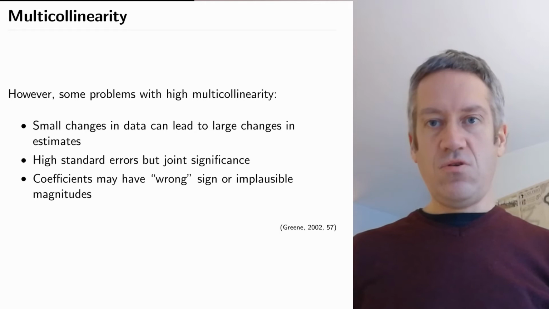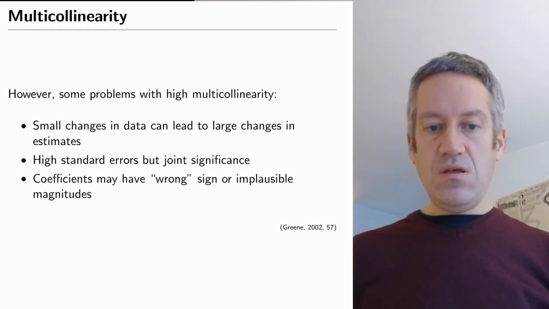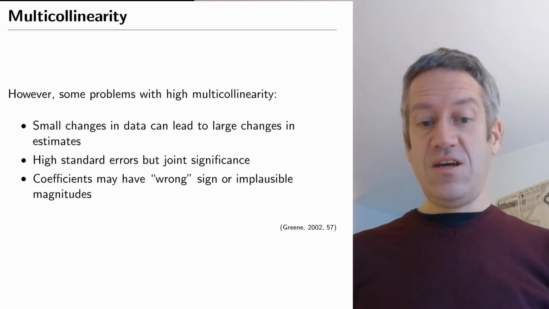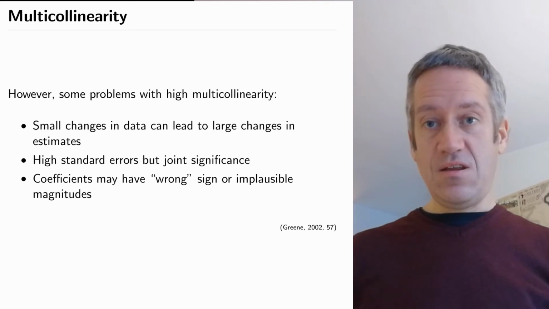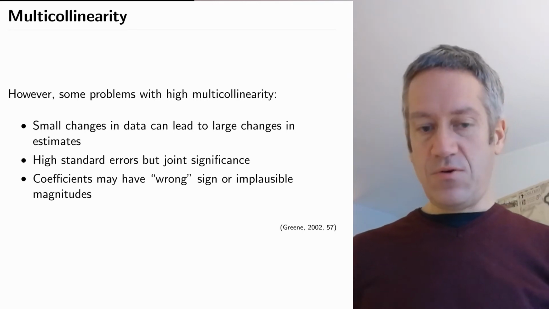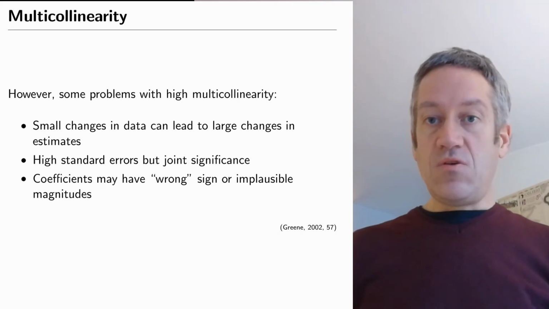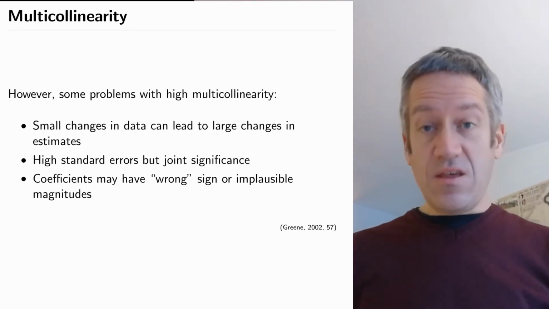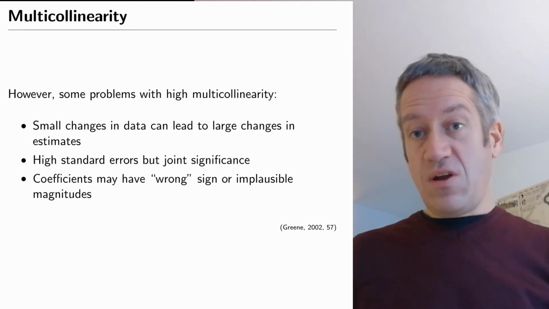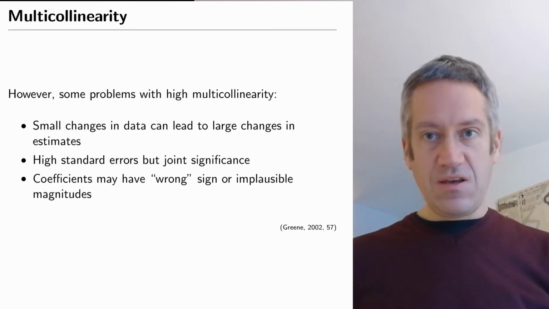If I need a control variable, if there is a confounding effect, which we'll discuss later, then that is an important reason to include the variable and you can't just remove it. But high multicollinearity does lead to some problems in your analysis. So for one, small changes in the data can lead to large changes in estimates because of high multicollinearity. You can get very high standard errors even though jointly these variables are significantly affecting the outcome.